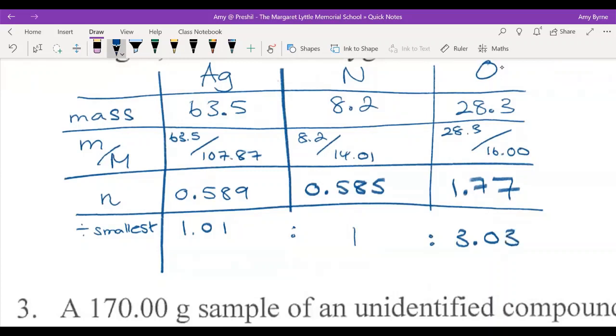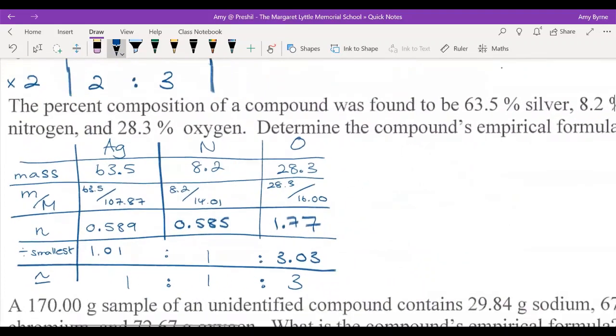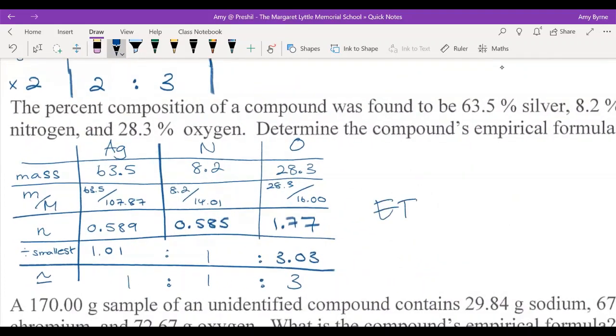So that is approximately 1 to 1 to 3. So I am saying that my EF is AgNO3.